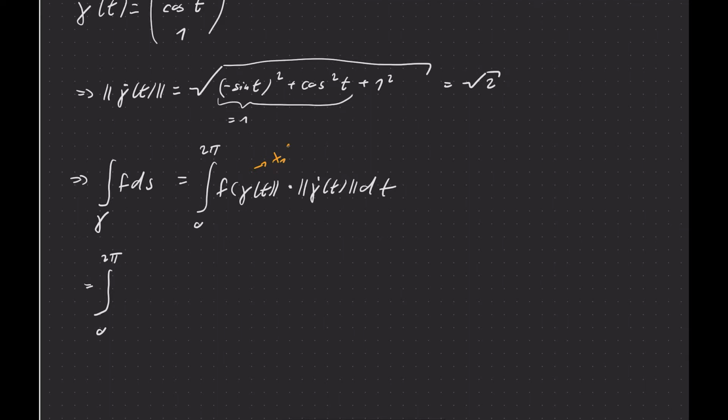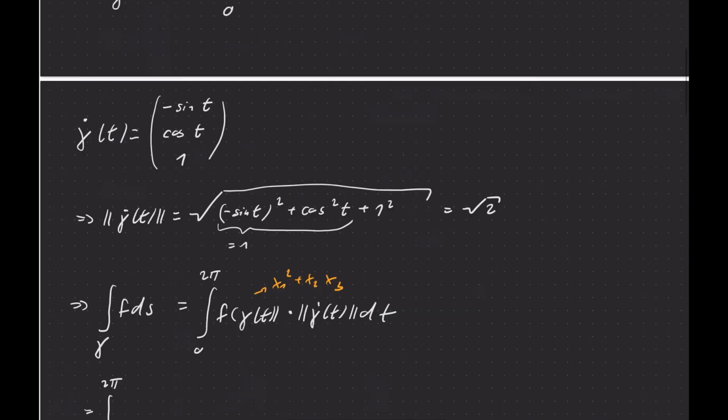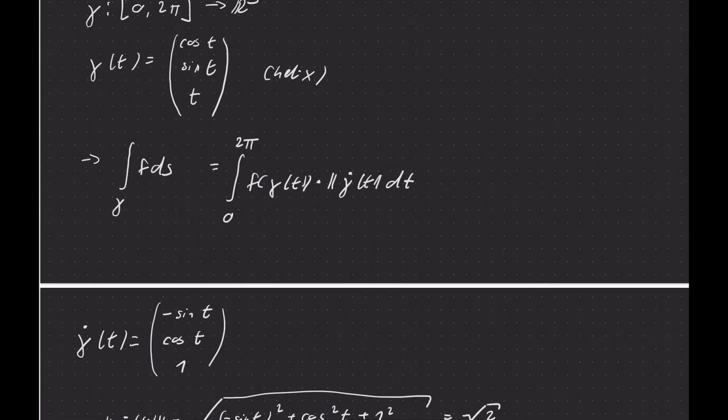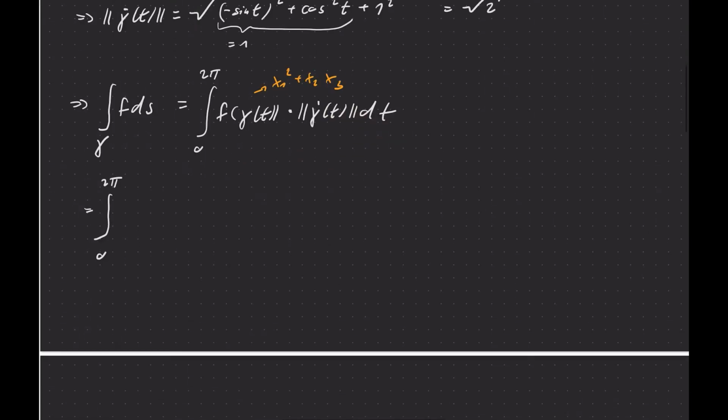F is x1 squared plus x2 x3. And gamma is cosine t, sine t, t. So x1 is cosine t. That means we have cosine squared t plus x2 is sine t and x3 is t. So that x2, x3 expression is just t times sine t. So that's f evaluated at gamma of t.